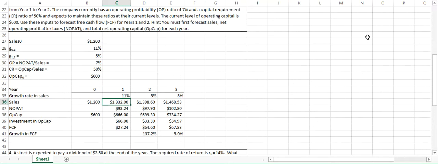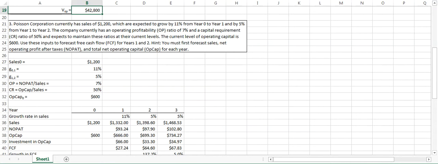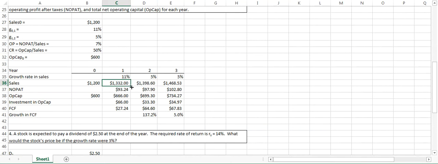It would be simply taking our sales plus our sales times 11%, which gives us 1322. And then we would apply that same formula across.